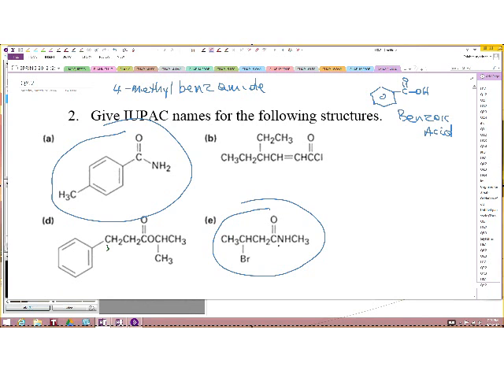The base name for this will be what? This is carbon 1, 2, 3, and 4. That will be coming from butanoic acid, so that will become butanamide.